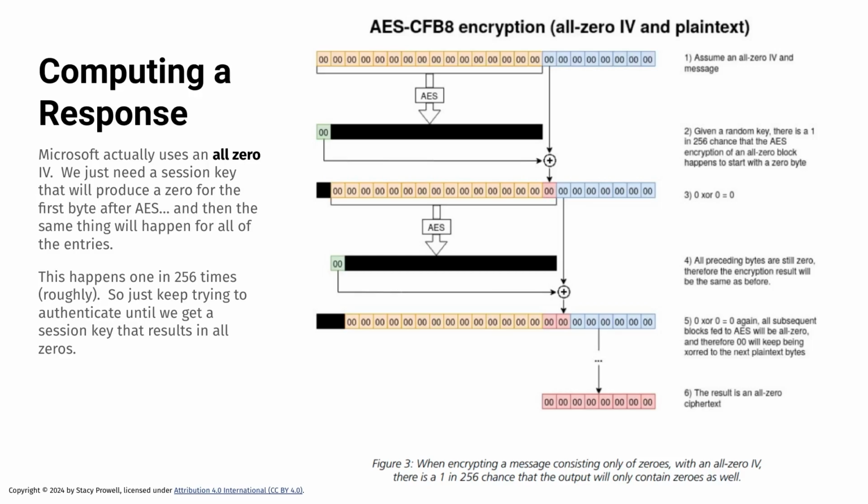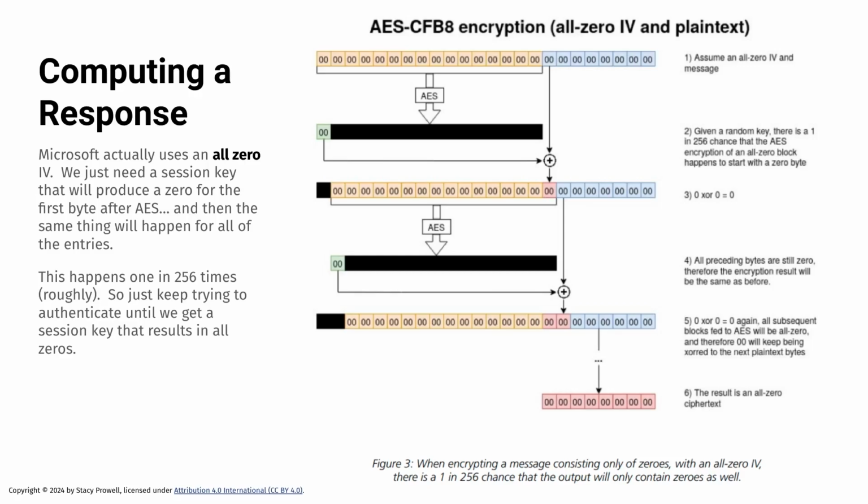So what I would like is a key that gives me a 0 at the start. But I don't get to pick the key. The key is effectively random. So what if I do the following? What if I just try until I get a key that gives me a 0?